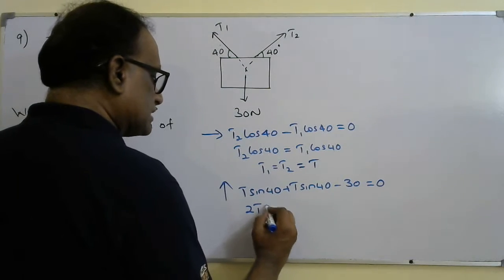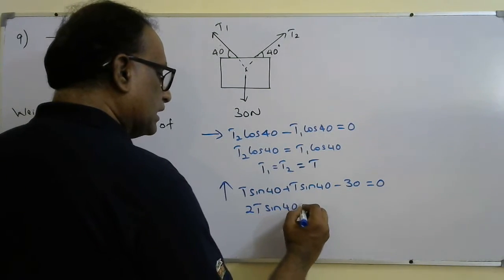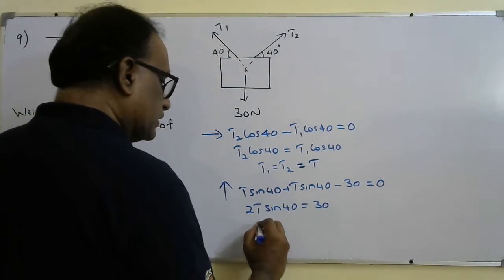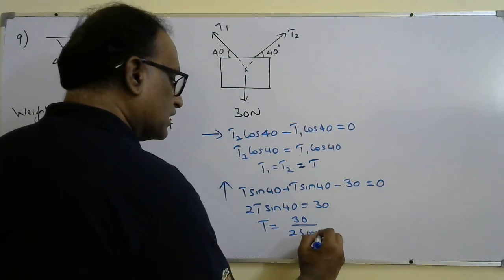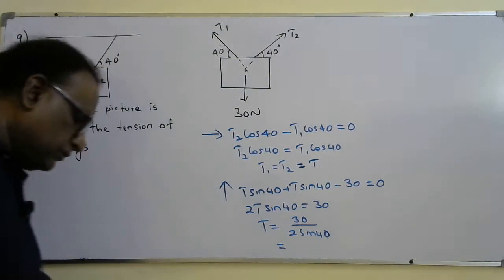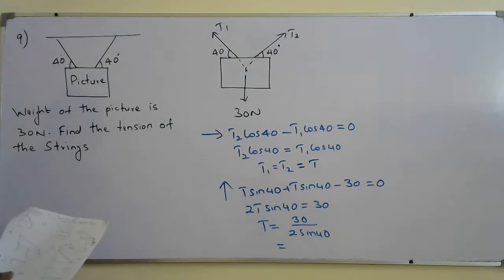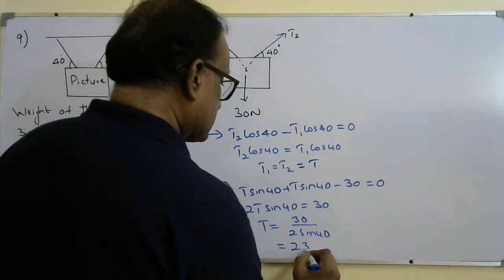So 2T sine 40 equal to 30. So T will be 30 over 2 sine 40. Solve it, you will get the tension. Both will have the same tension, that will be 23.3 Newtons.